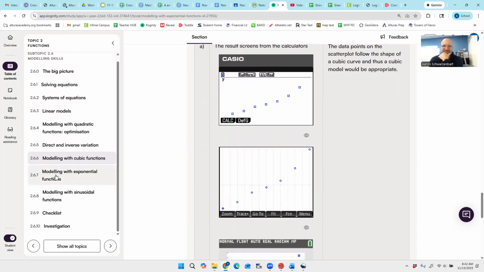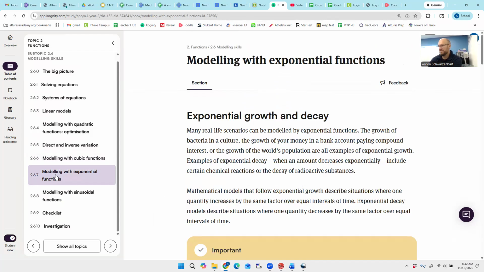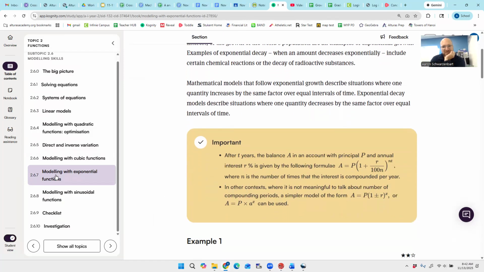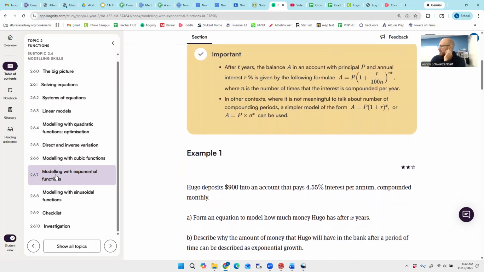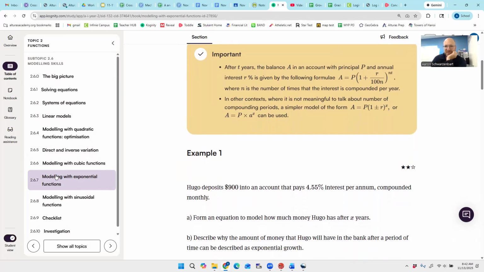Okay, modeling with exponential functions. Growth versus decay. They're giving you the compound interest formulas here. With growth, it's 1 plus the rate.